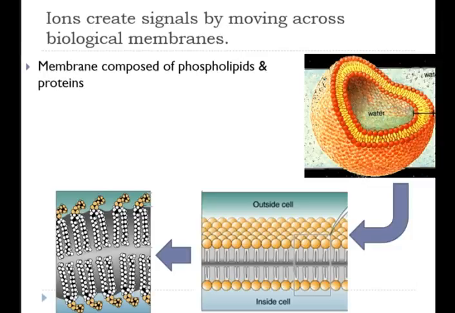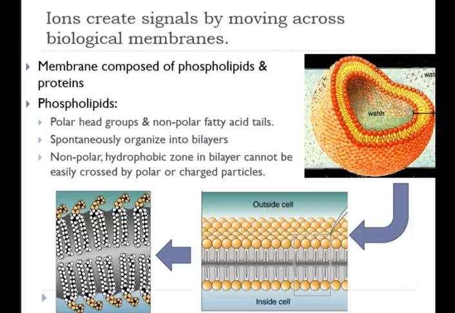And as I mentioned, you've got two groups on a phospholipid. You have the polar head groups, which always orient towards the water. So they orient towards the outside of the cell as well as the inside of the cell. And then you have this huge band of hydrophobic fatty acids along the inside. That band of hydrophobic fatty acids does not interact strongly with water, and it gets excluded and pushed basically into the center.